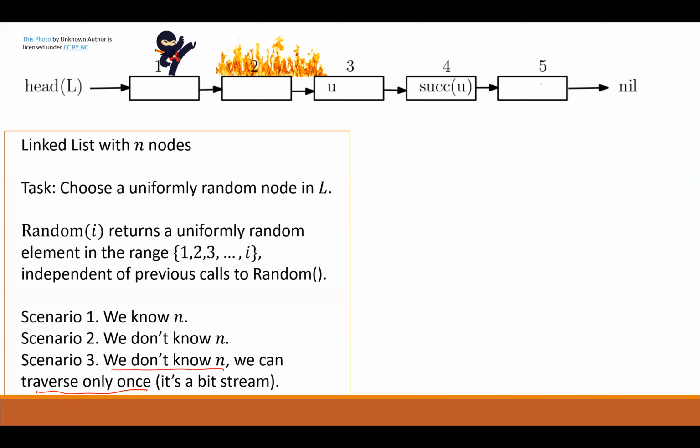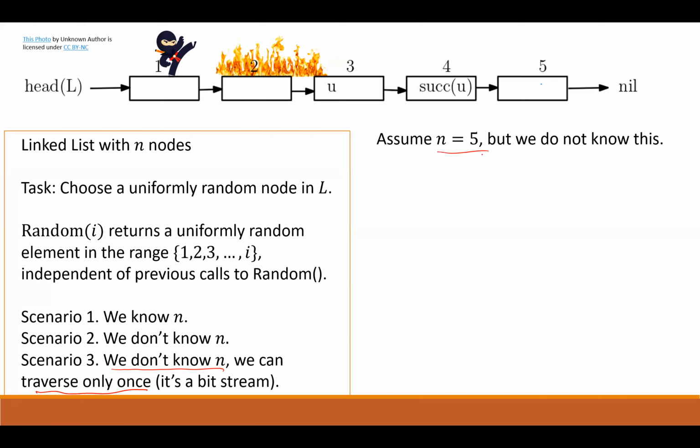We see the next byte that comes through, and we decide if we want to store that in our temporary storage. Whether we store it or not, we throw it away, and then we get the next byte, and then the next byte. This is not an unusual scenario. There's a lot of low memory applications that do similar things.